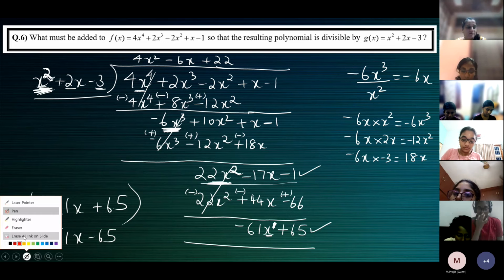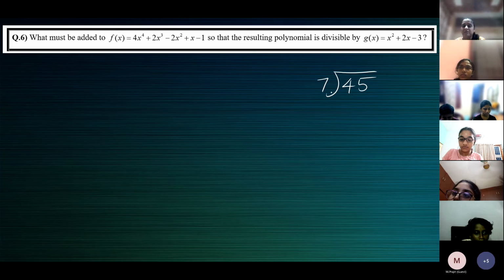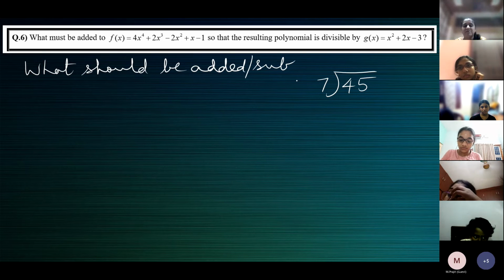Let's clear the slide. Now, children, see, it's like this. When we divide 45 by 7, the question is, what should be added, or say subtracted? We'll understand both.